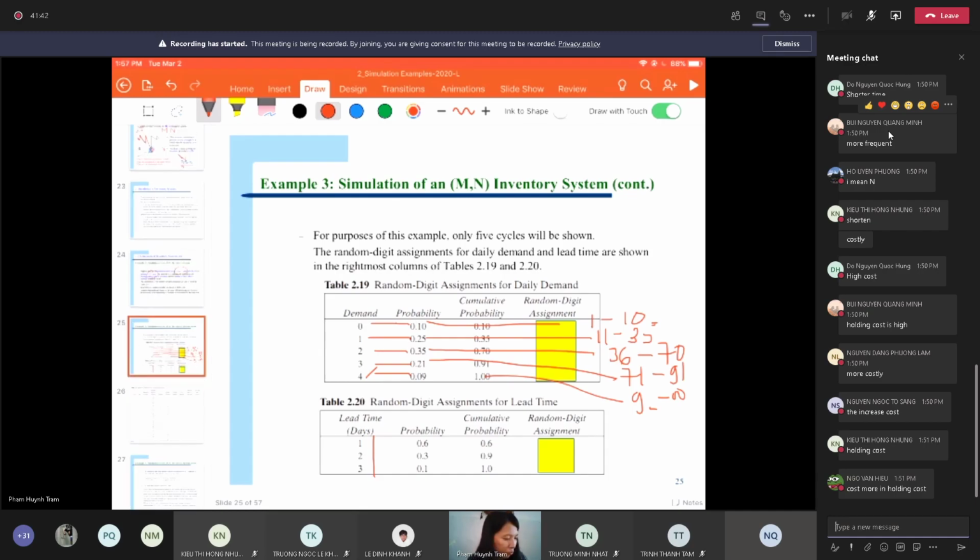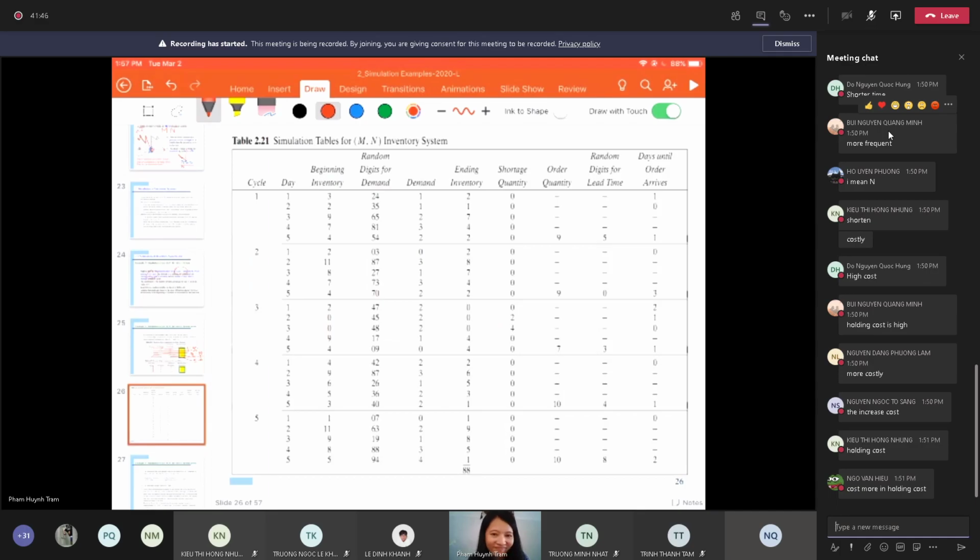Okay, let us come up with the simulation table. Here our review period is 5 days, so we will have a review cycle of 5 days. We will simulate this inventory system for 5 cycles.